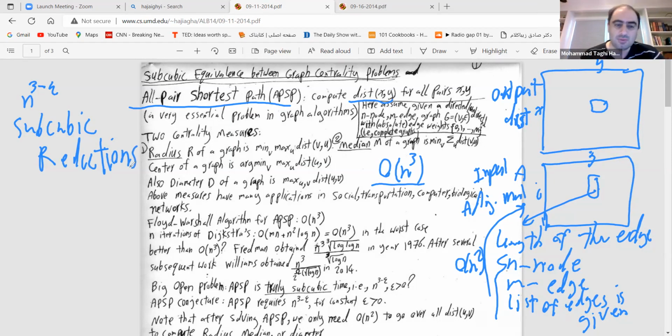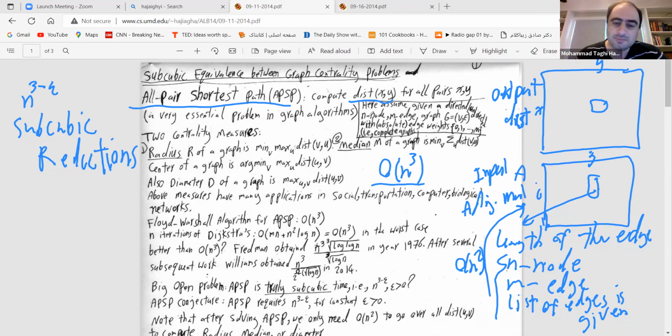Here the goal is to see whether, for this n cubed for the all pair shortest path, whose algorithm I will mention as well, we can get anything better than n cubed.